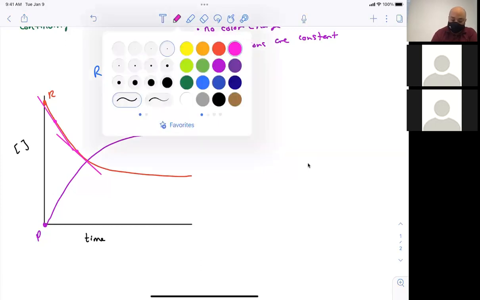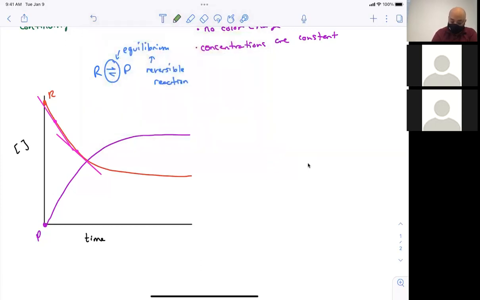Now, eventually, you get to the point where, let's see, it's not grade line, but let's just say here where they level out, where the concentrations become constant. That's because the rates are equal.